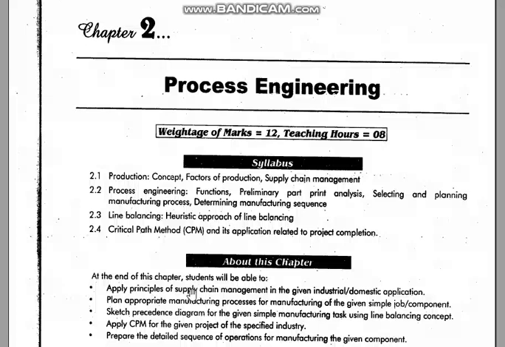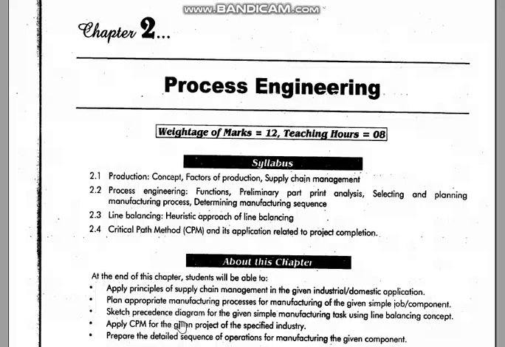At the end of this chapter, you as students will be able to do the following things: apply the principles of supply chain management to any industrial or domestic application, and plan appropriate manufacturing process for manufacturing of the given simple job or component.